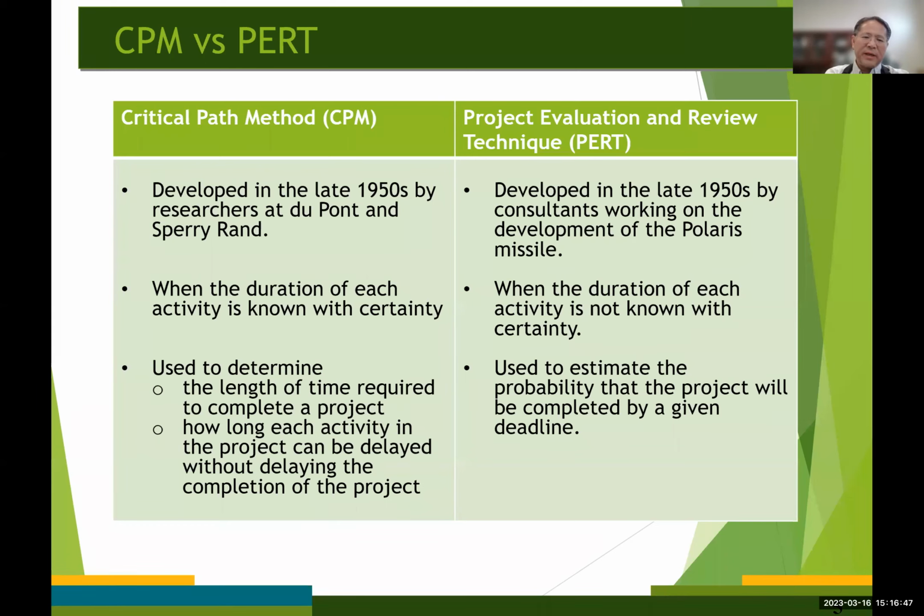Since then, the CPM was more focused on the scheduling side rather than the cost. And it's been widely used in various consulting firms, and also in the construction and maintenance industries, where the processes are very well known ahead of time, and the estimations of the task durations could be done with some accuracy.